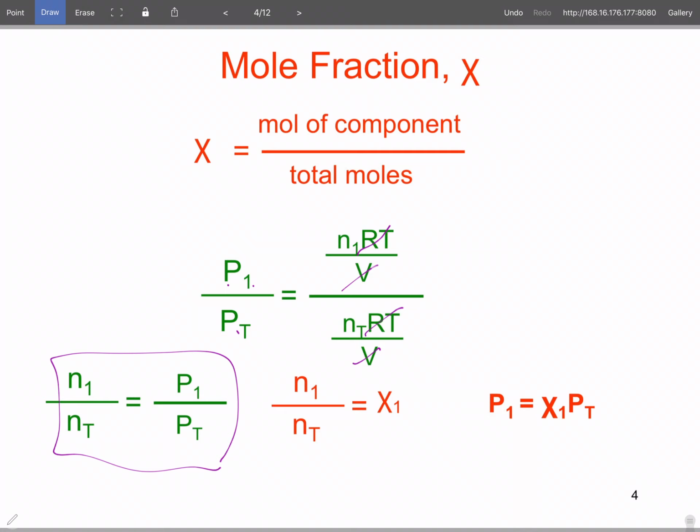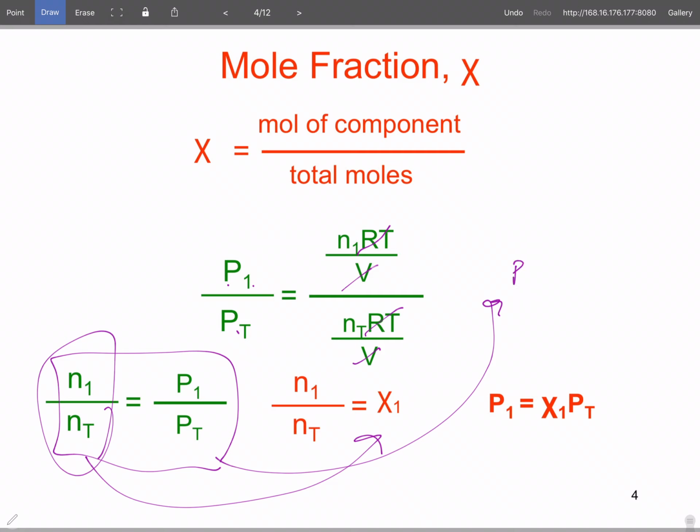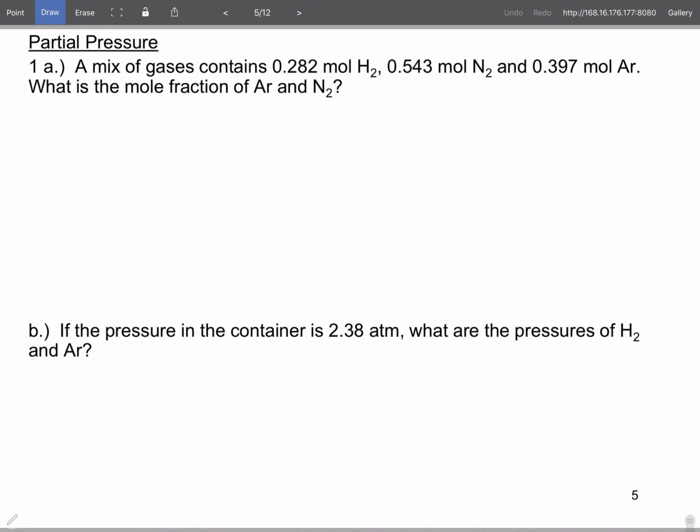If you look at this portion only, that's mole fraction. So the net effect is, if you want to rewrite this, P1 over PT is equal to the mole fraction of 1. That means the pressure of gas 1 is equal to the mole fraction of gas 1 times the total pressure. So that allows us to calculate the pressure based strictly on moles.